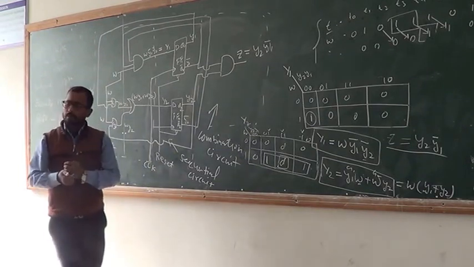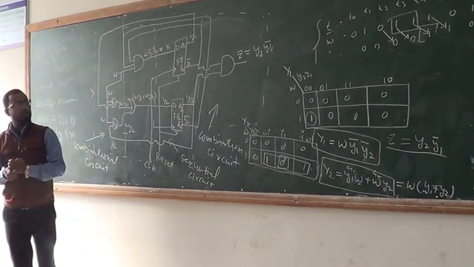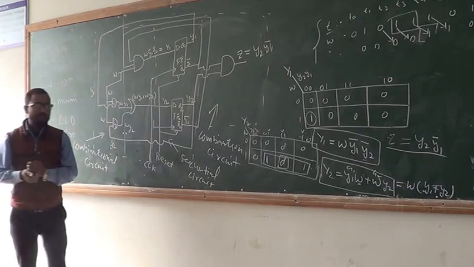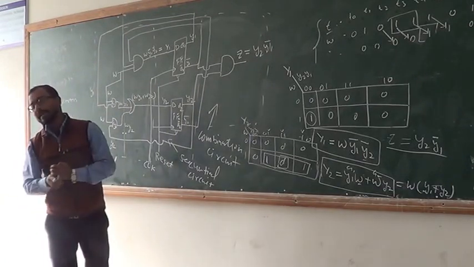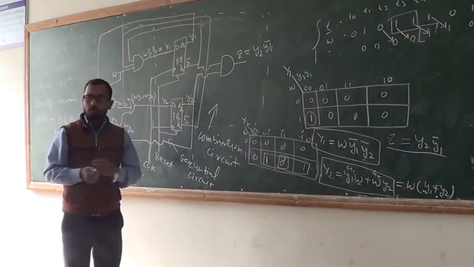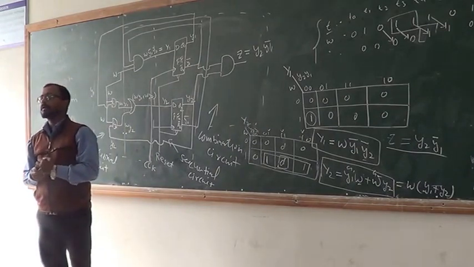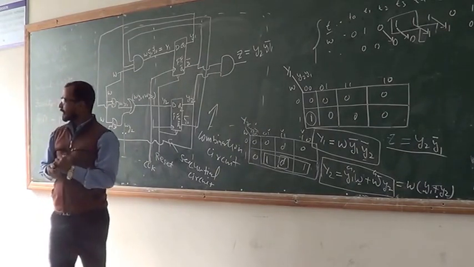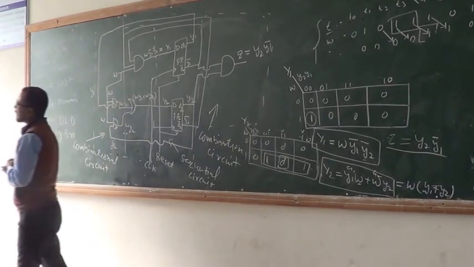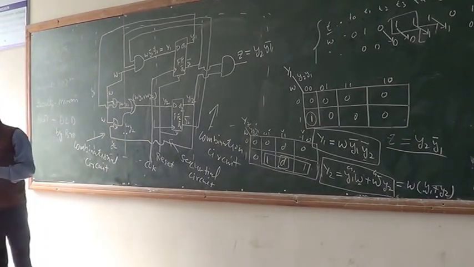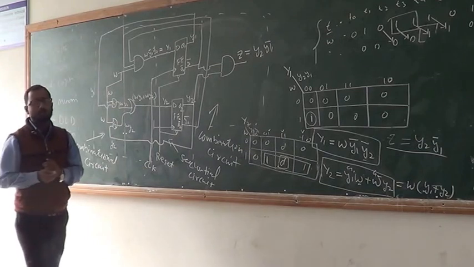Now we are going to start the next topic, which is the Mealy type machine. That was the example for the Moore. Now we are going to study the Mealy type machine. There are two adders: the first adder is a Mealy type, and another adder is a Moore type.